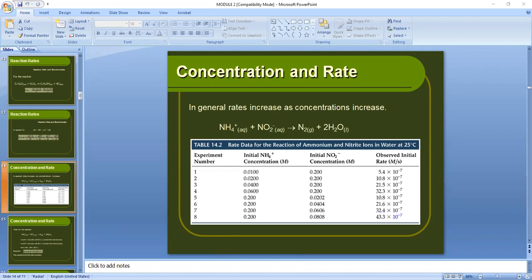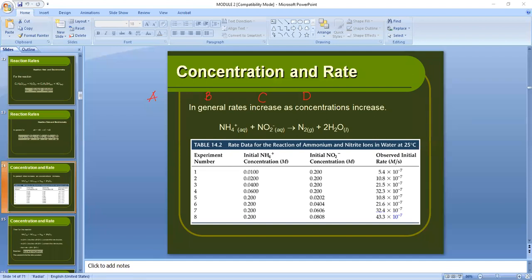Let's say that's A. The nitrite ion, you have nitrogen, and you have here water. So the initial concentration of ammonium, and you have the initial concentration of nitrite, and the observed initial rates of reaction.